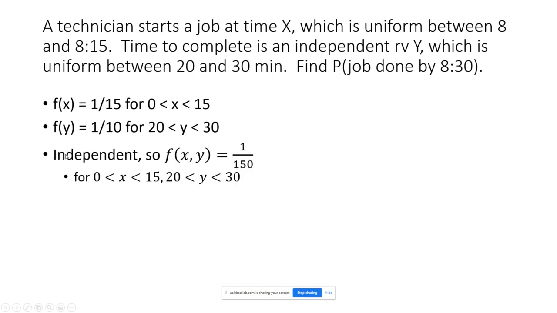So then we can use the fact that x and y are independent to say that their joint density is going to be the product of their marginal densities. So we have 1/15 times 1/10. So we get a joint density of 1/150 for values of x between 0 and 15 and values of y between 20 and 30.